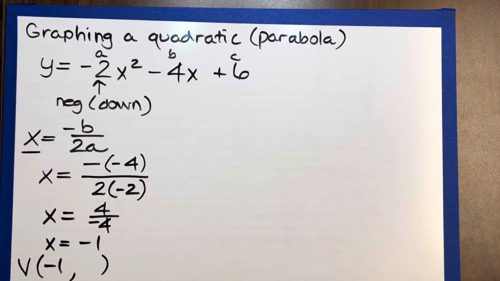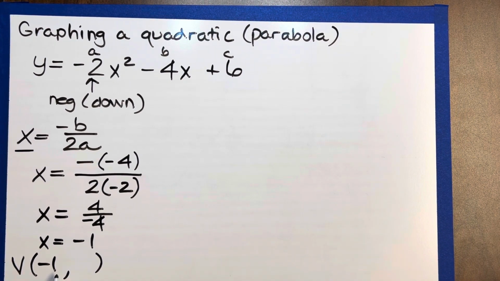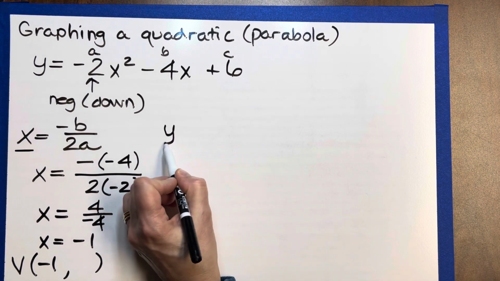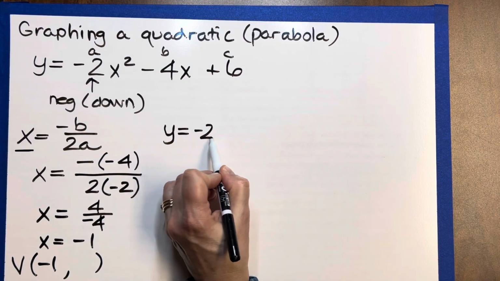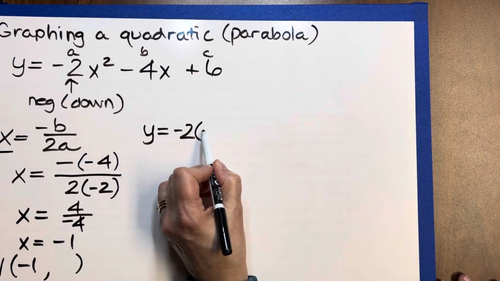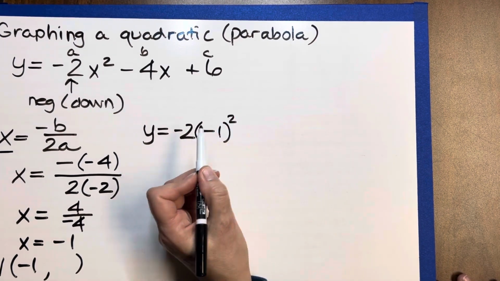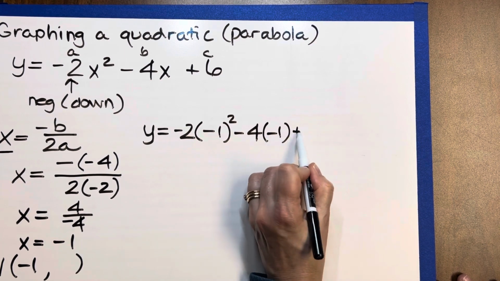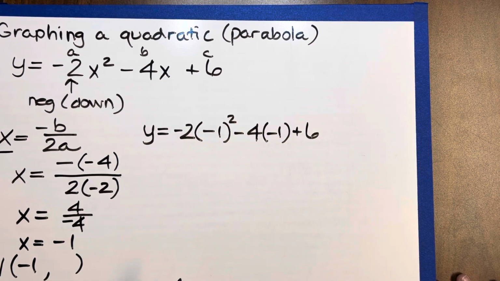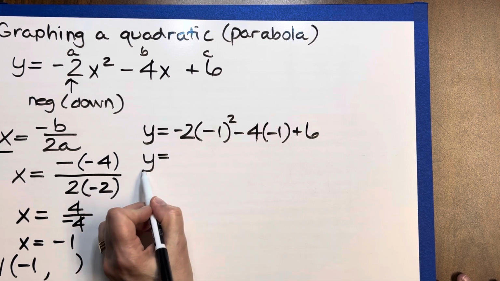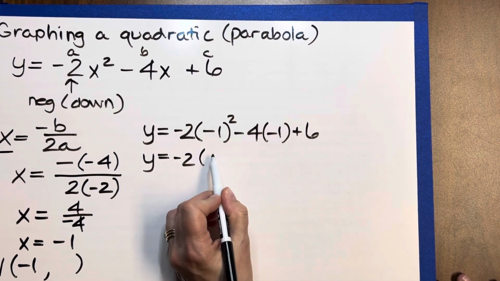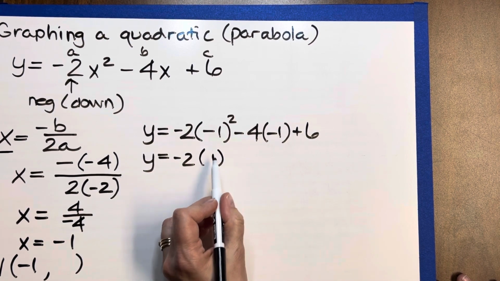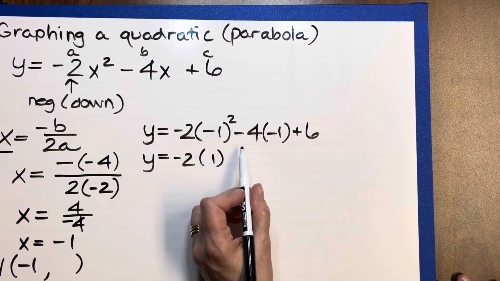So the next step is to substitute that into my original function and find the y value. So y equals negative 2 times negative 1 in parentheses squared minus 4 times negative 1 and then plus 6. So here I get negative 2 now times positive 1, because when I square a negative I get a positive.